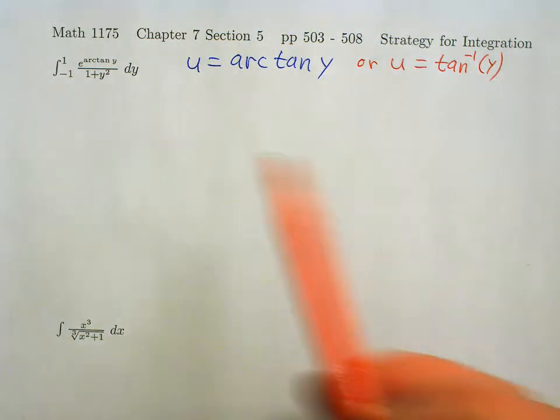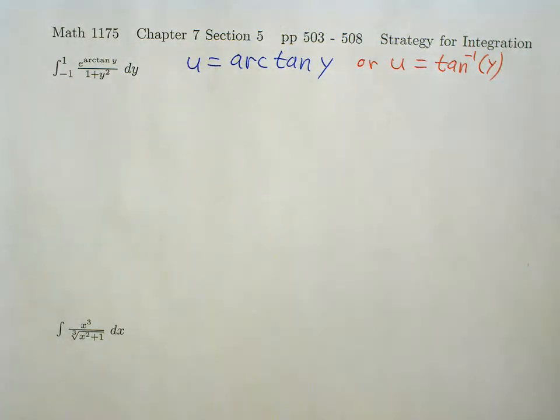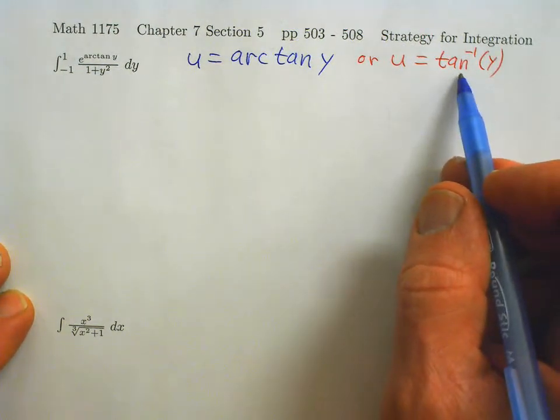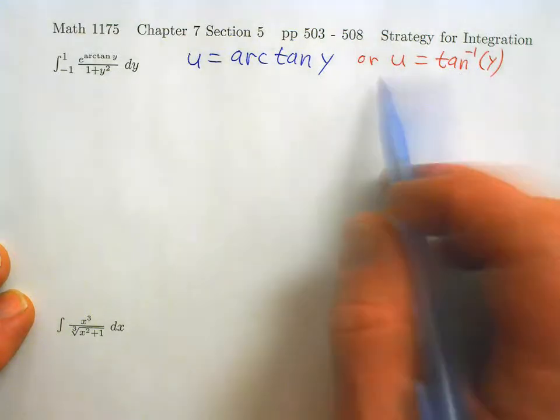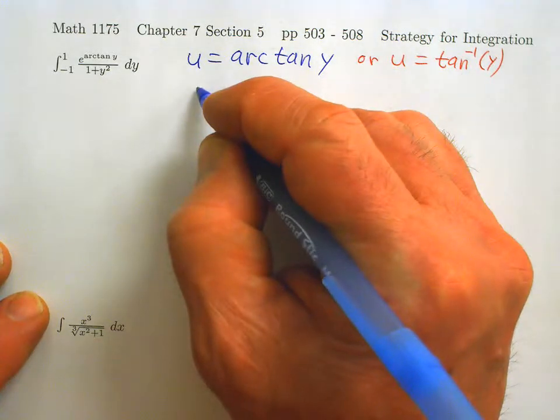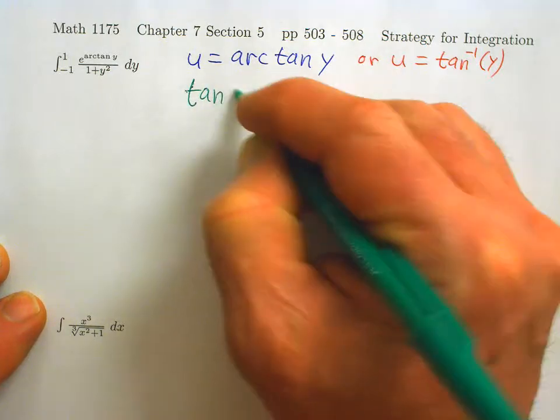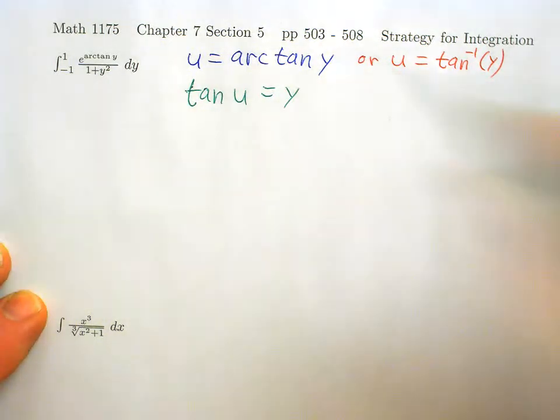Okay, so we need to find du. One way to do it is take the tangent of both sides. So we get tangent of u equals y.